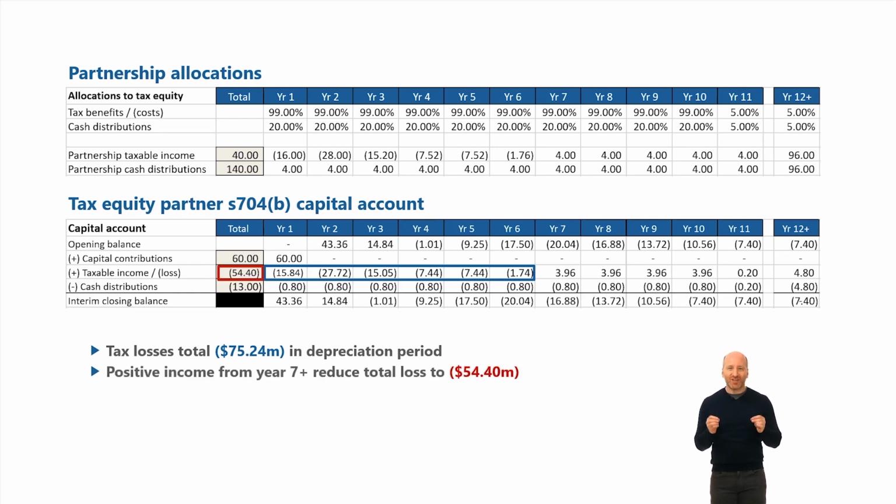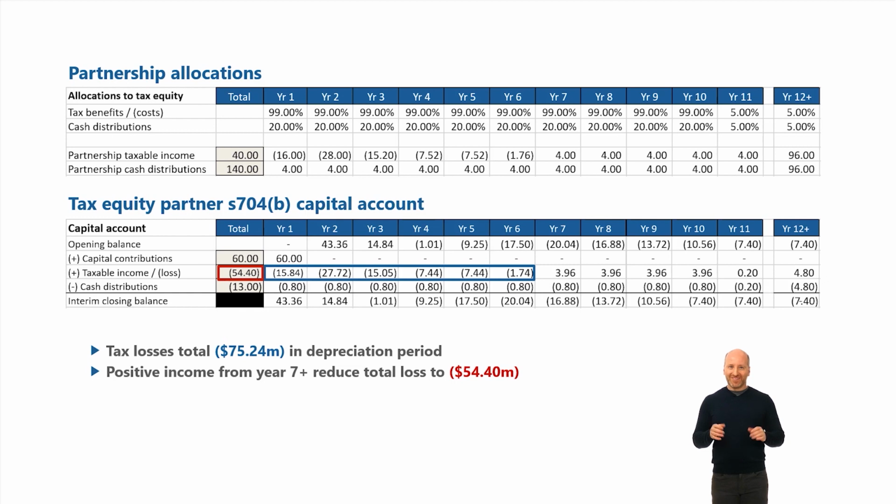So tax losses are the single biggest driver of the negative balance of the tax capital account. And remember, the total partnership account never goes negative, but the tax equity partner's disproportionate allocation of the tax losses and disproportionate allocation of the cash results in a negative capital account balance for the tax equity partner. And we'll address how that works in just a minute.